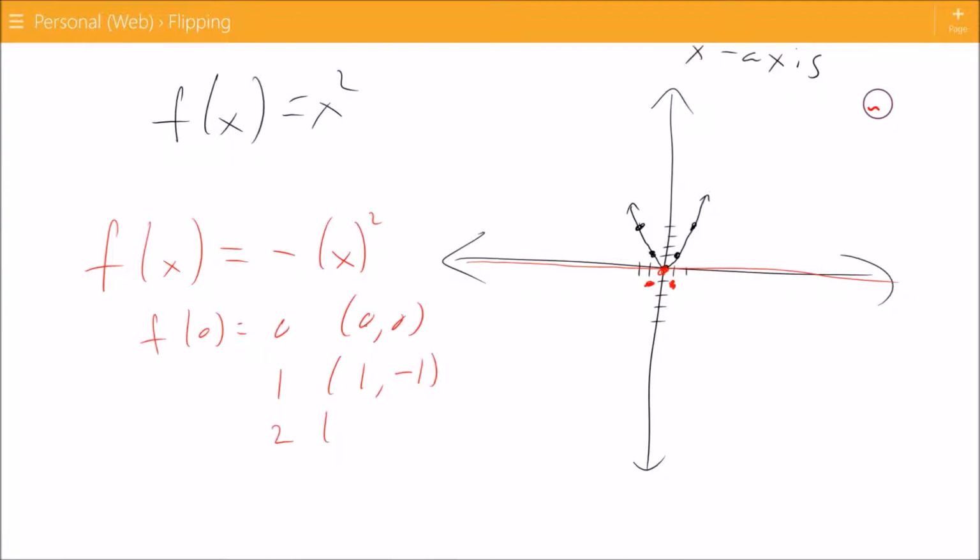I plug in 2, I have 2 squared, it would be 4, but then times negative 1, or making that negative, gives me negative 4. So I'm down there.